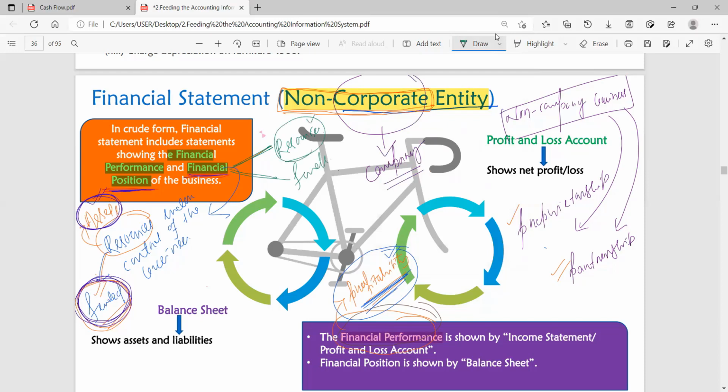Which are all resources the business is now owning or controlling, and how these resources are created by the funds, who are the fund givers to the business. So all these are the things we have to know from the financial position.